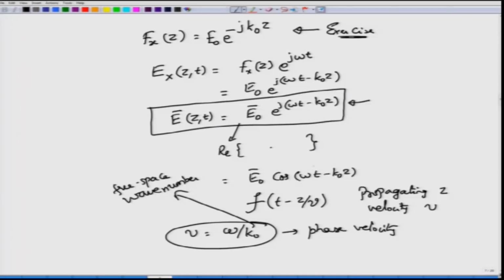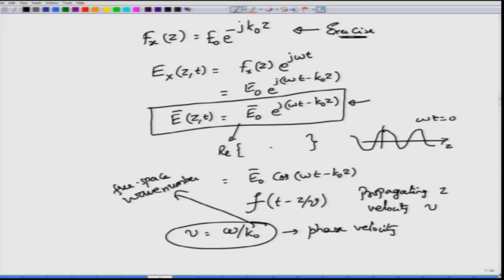And because this is a cosine wave, if you hold time constant, so I take omega t equal to 0 and then plot this expression as a function of z, since this is cos k0 z, an even function, it follows like a cosine wave.